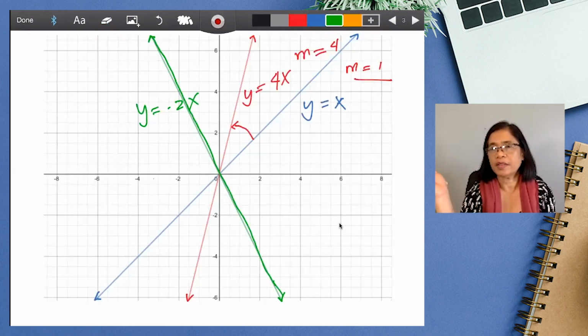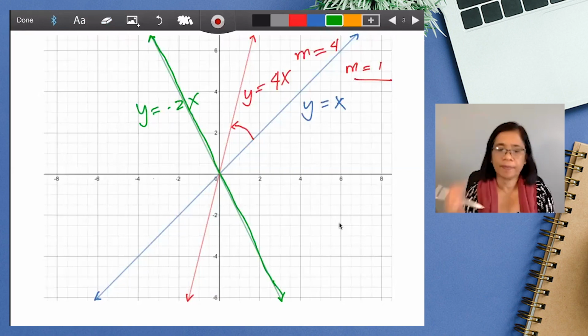As you increase m from 1 to 4, the line becomes steeper, and when the slope of the line changes from positive to negative, the line changes from rising to falling.